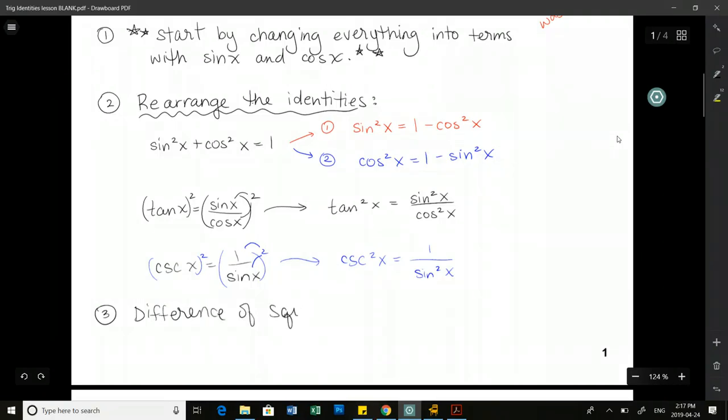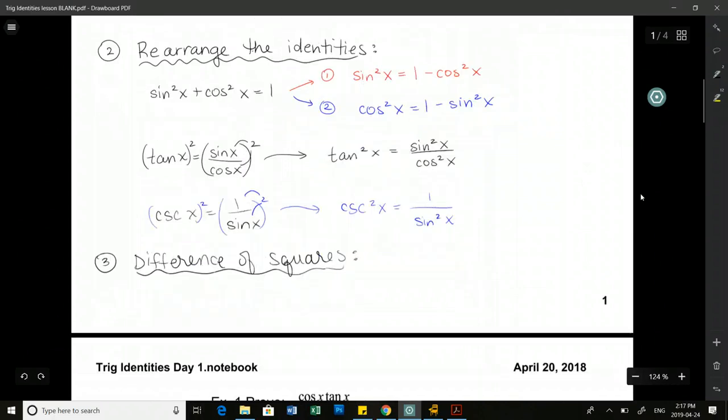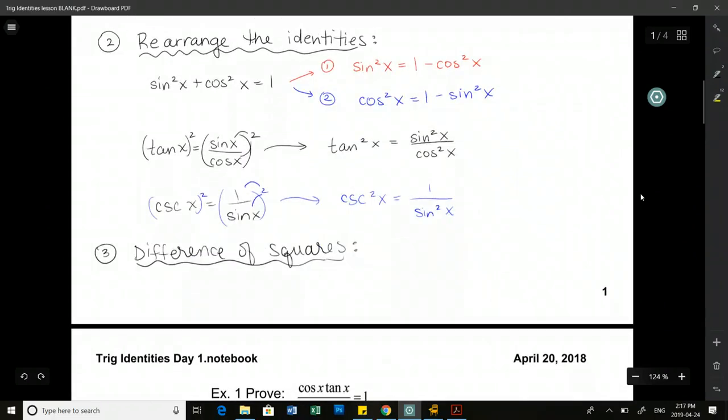Difference of squares can be helpful when you're doing trig identities. If you remember, a difference of squares is two terms that are perfect squares being subtracted. Here is an example that is not trig related: 9x squared minus 16y squared.